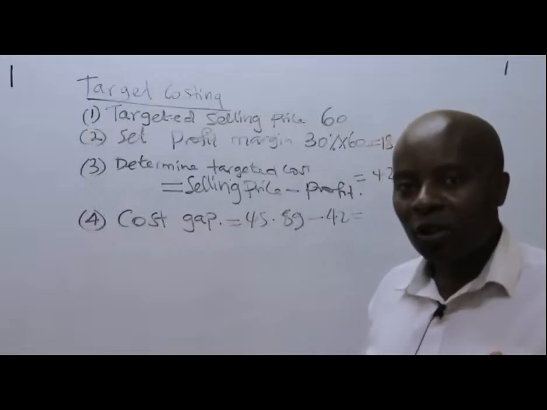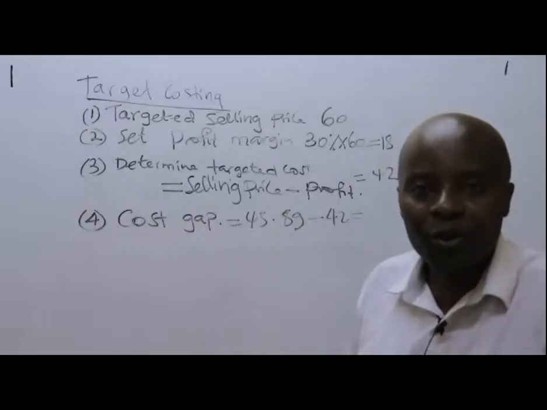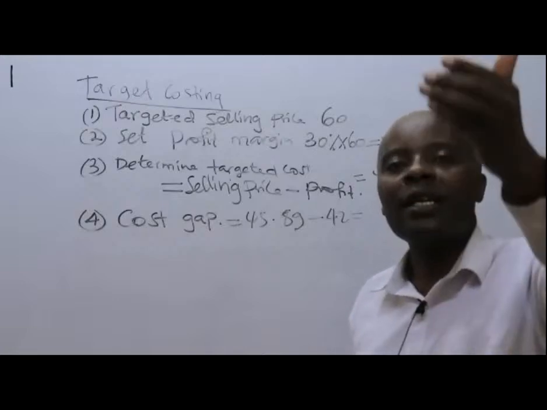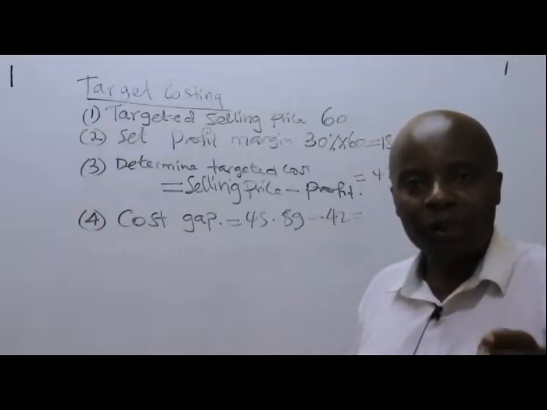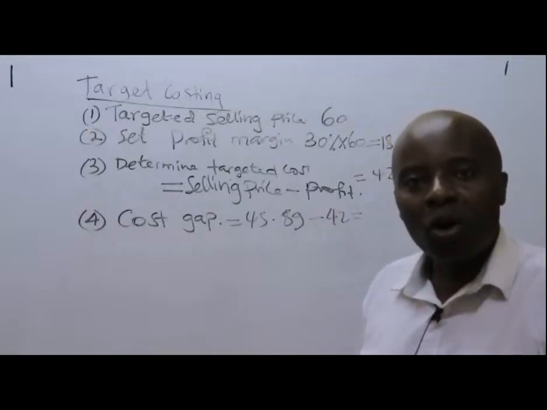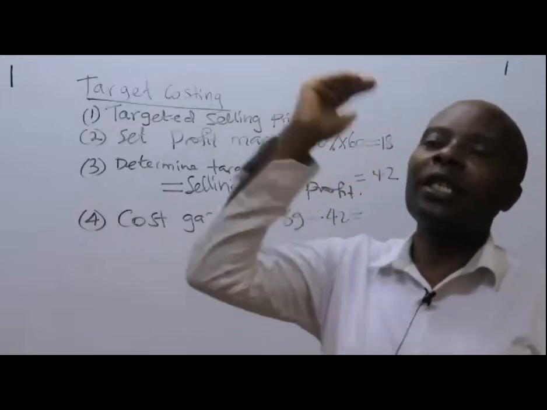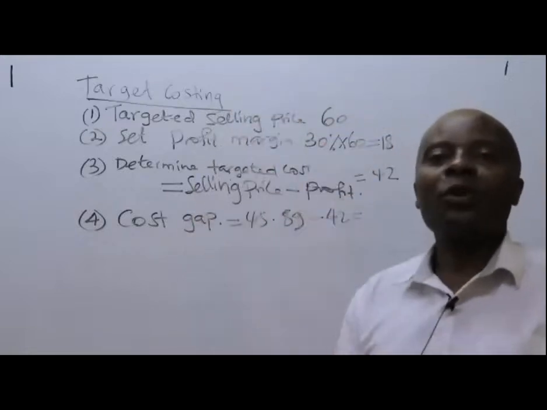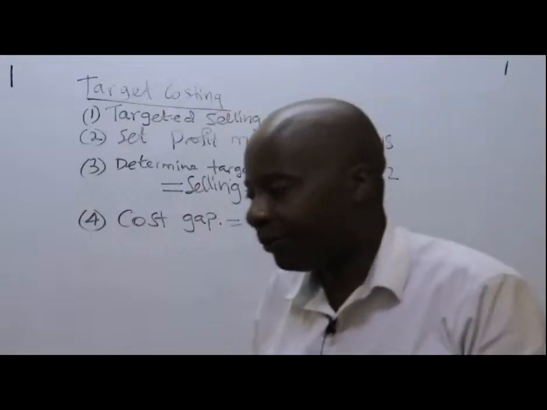Whenever you have a cost gap, it means your cost of producing the product is higher than the targeted cost. There are two ways about this: either you reduce that gap or you don't produce at all, because target costing gives us the ceiling in terms of costs that we can never go beyond.